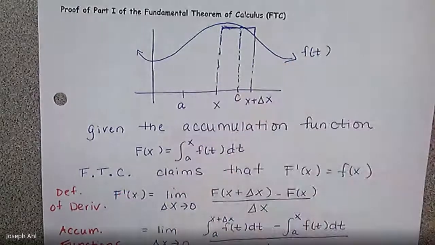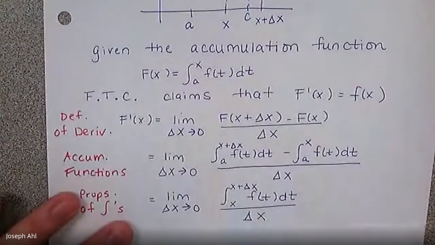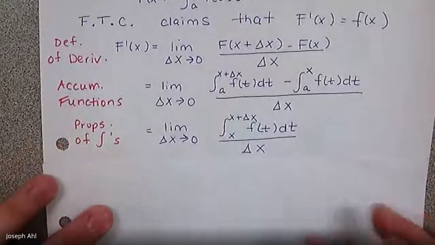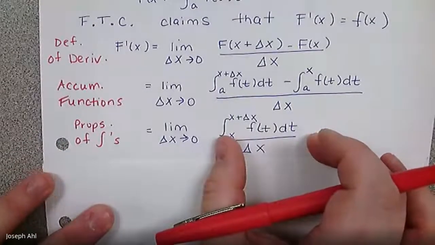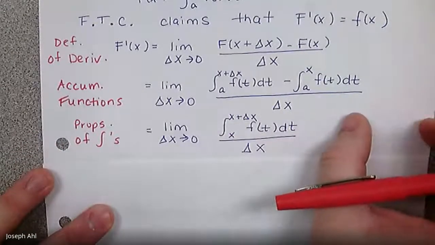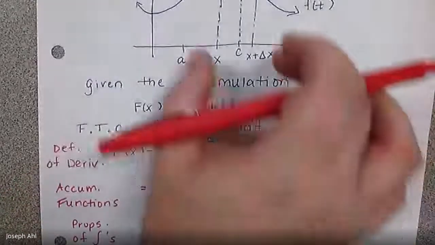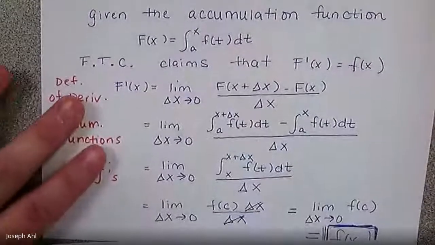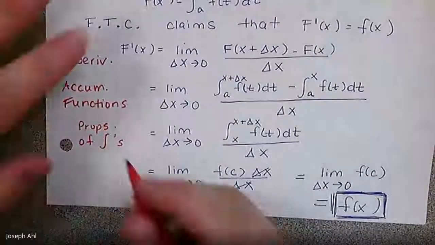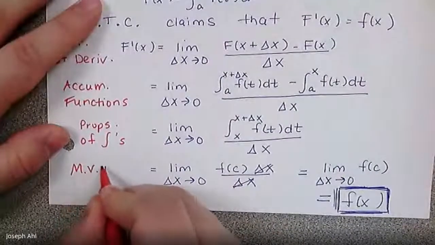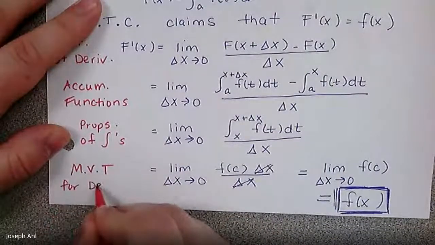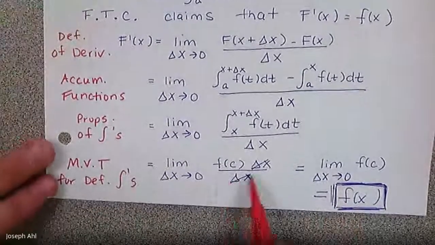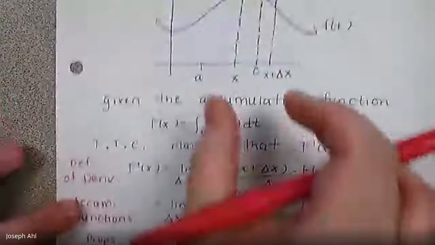So that's maybe sounding familiar as some mean value theorem. So what would the mean value theorem state? Well, the mean value theorem would state that that area is equal to f of c times the length of that interval. So what's the length of this interval? It's delta x. So at the end of the process, you can see we're starting to wrap things up right here. This is the mean value theorem for definite integrals. That this is going to become f of c times delta x.